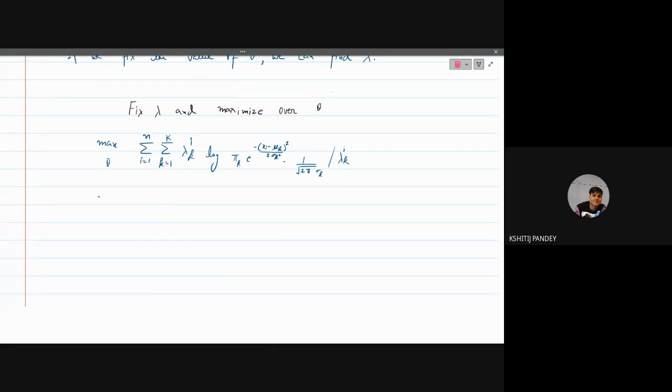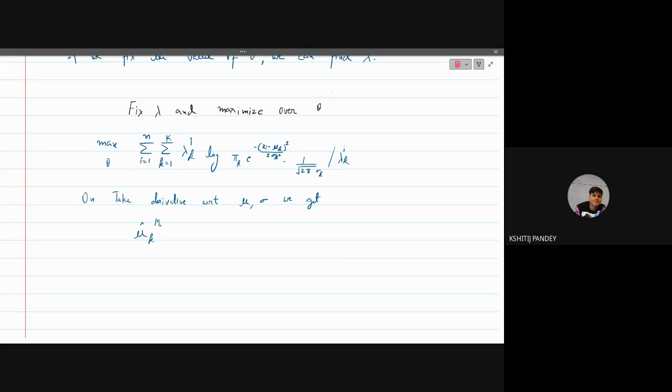On taking the derivative with respect to mu and sigma, we get the mu hat MML.